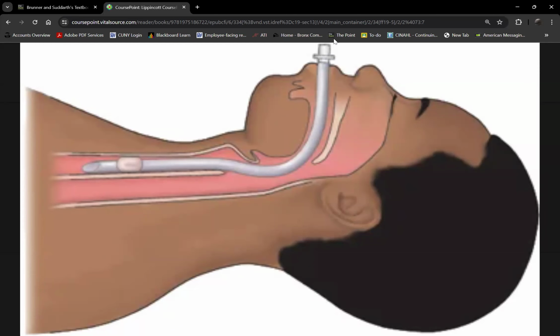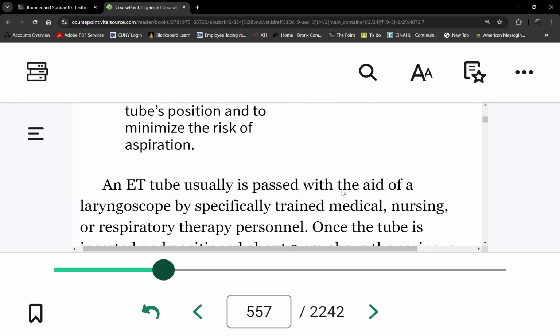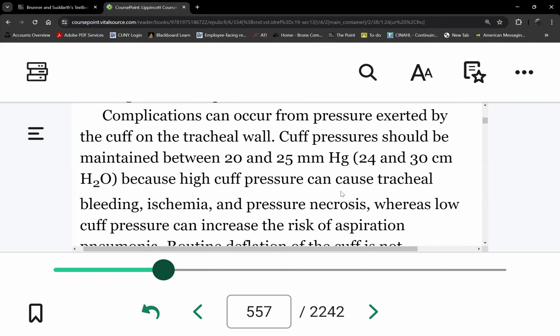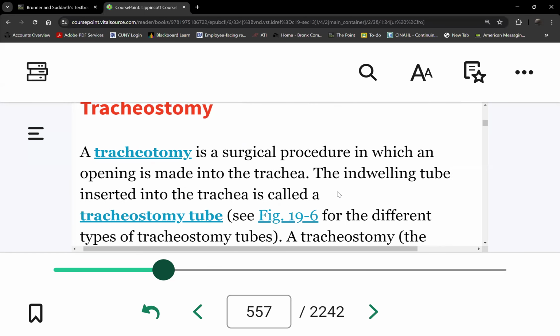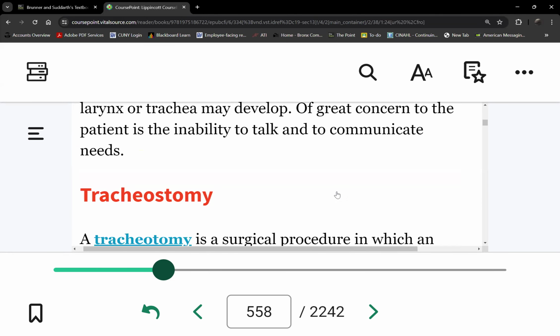Once there is no more leaking sound heard, we stop inflating the cuff, meaning we have achieved minimal leak technique. Others do a minimal occluding volume, but most people use minimal leak technique. And then to make sure that there's really no overinflation or underinflation, we will use a manometer. I have no picture, so I'll show you a manometer.